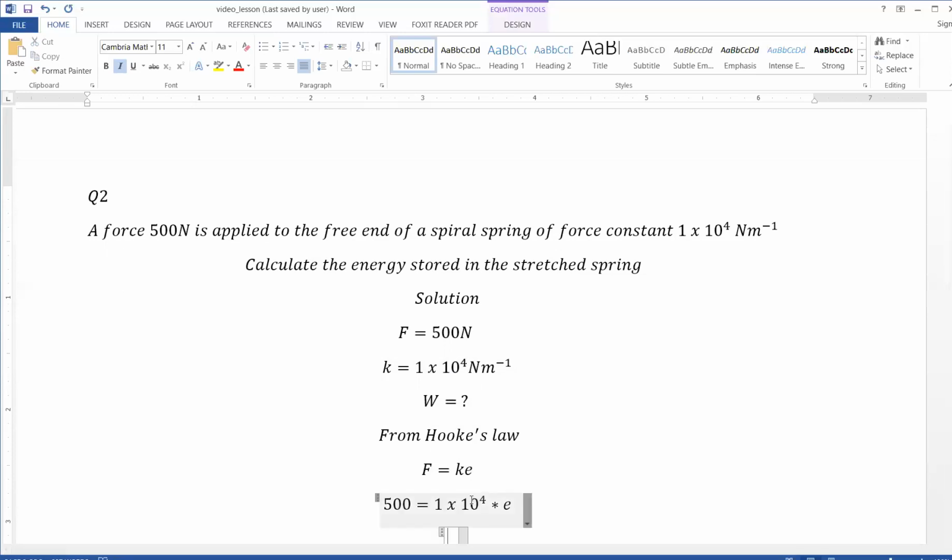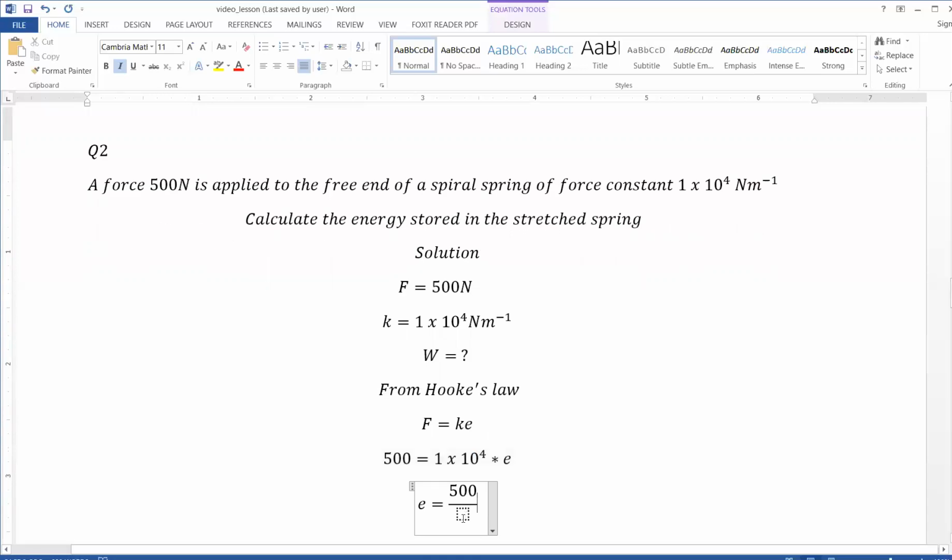And your next step, you have your extension equal to your 500 divided by your K value. Now, if you do this very well, we should get our extension as 0.05.